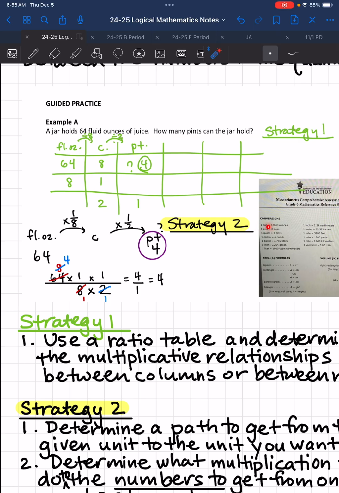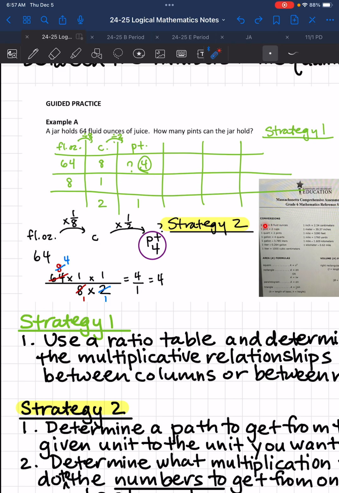Well, I have two choices. I could either write 1/8 or I could write 8 wholes. Well, which one of these fractions is less than 1? It's this one right here. Therefore, I'm going to write that right here. So I'm going to multiply the number of fluid ounces by 1/8 in order to get from 8 to the number 1, okay?